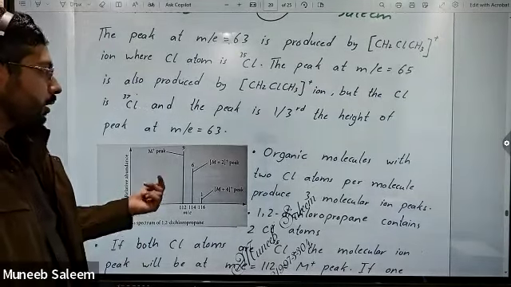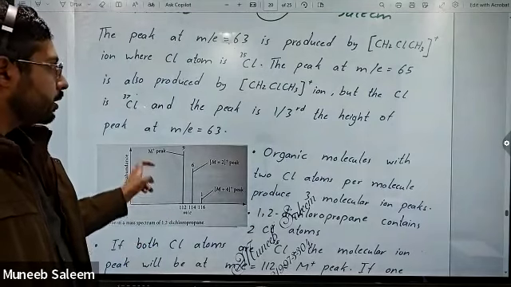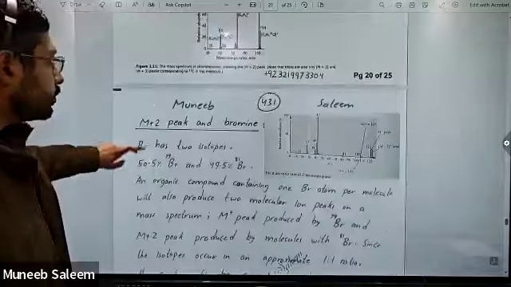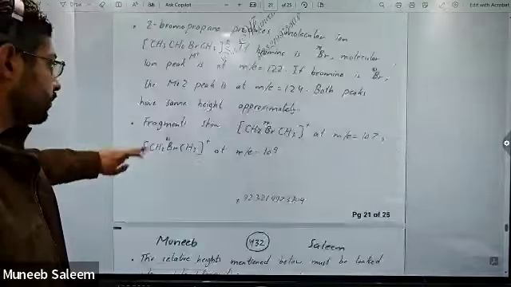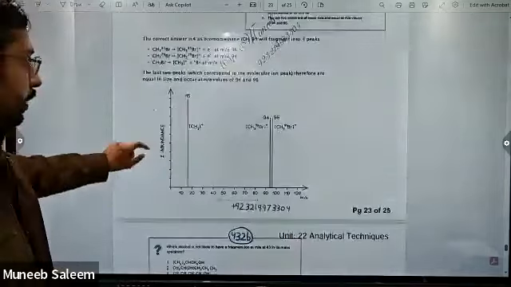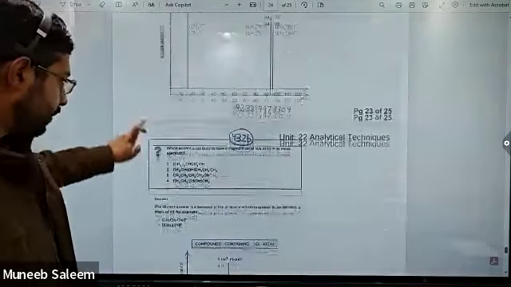Now, this time they have included 2 chlorine atoms. A summary of this chlorine can be seen from here.